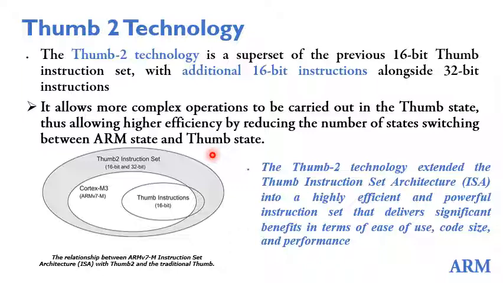So as I've told you, in the earlier ARM processors, there was a necessity of switching from one mode to another when you are using the corresponding instructions. That is, when you are using thumb instructions, you have to be in the thumb mode. When you are using ARM instructions, you have to be in the ARM mode.